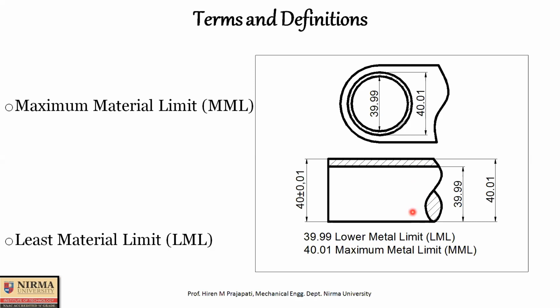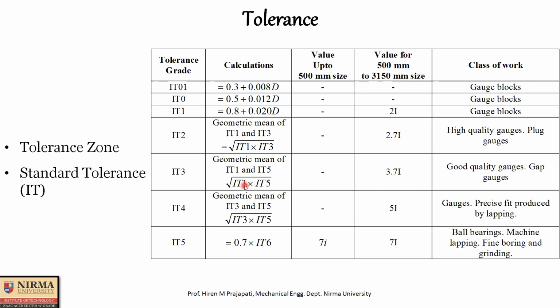Now we move further. Okay, then how to decide tolerance actually? So here you can see in this table different tolerance grades are indicated. This IT is the designation used for tolerance. It's an abbreviation used for tolerance. So different grades are written here, IT01, IT0 up to IT5.